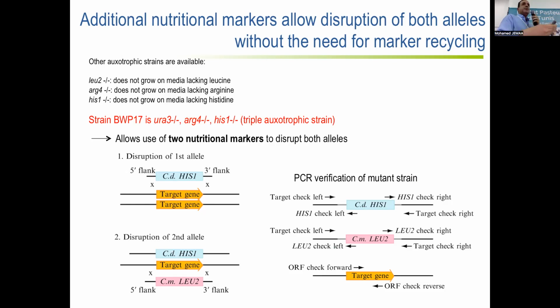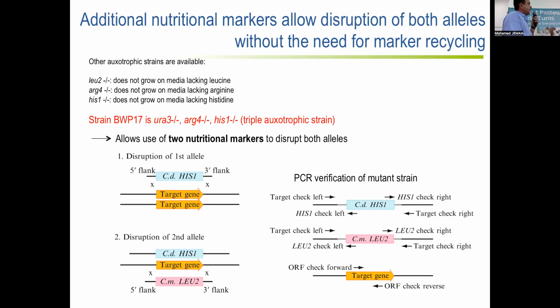And this allows you to use 2 different markers in 1 shot to get homozygous knockouts. Instead of URA3 looping out, transformation again, selection, and looping out, you just use this strain and you introduce HIS1 and LEU2 cassettes, and in 1 shot, you get a homozygous knockout.